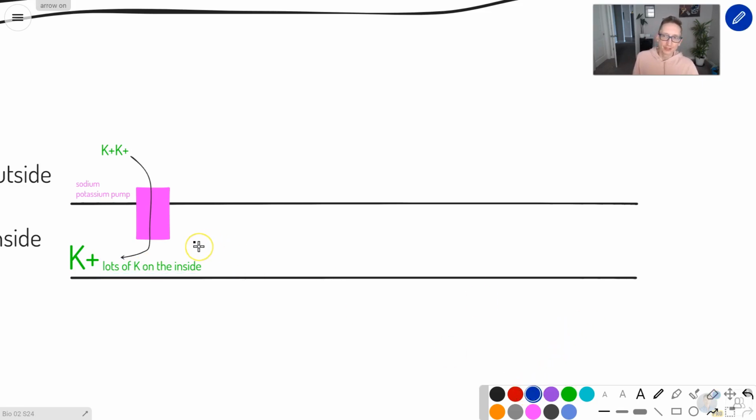Now, does the cell want sodium on the inside? Nah. It does not want the sodium on the inside. Where's it got to send it then? Got to send it to the outside. This results in a lot of sodium on the outside.